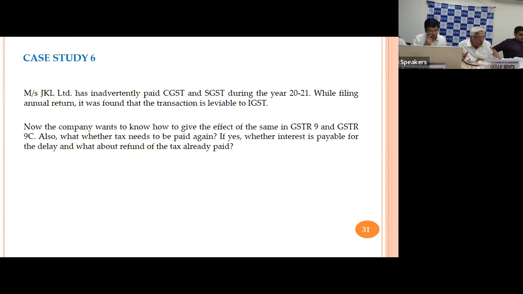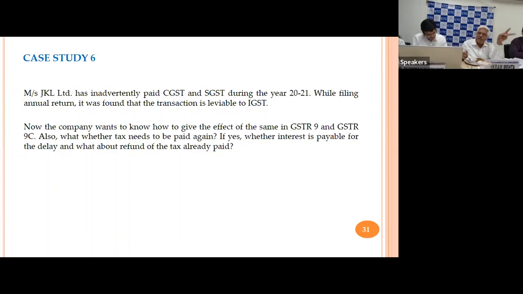And if you want to claim a refund, as he said, you will have to show it, because that should stand out as a difference. Only then can you substantiate the fact that this is the tax which I have paid. Again, they have clarified, there is a circular, I think 142, where they have said that the refund period will be from the date when you pay that additional tax and not from the original date.